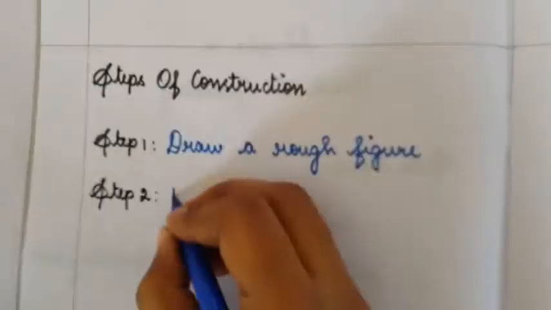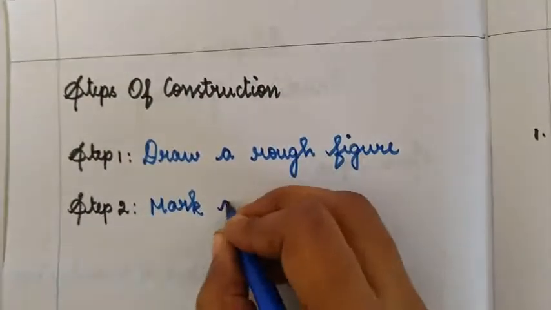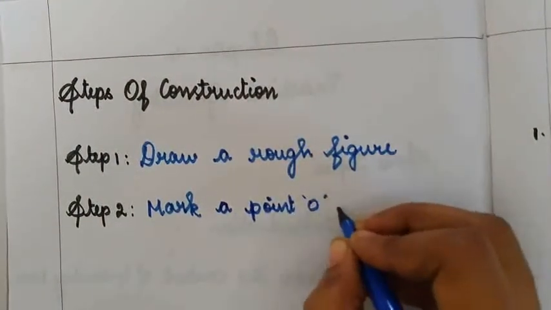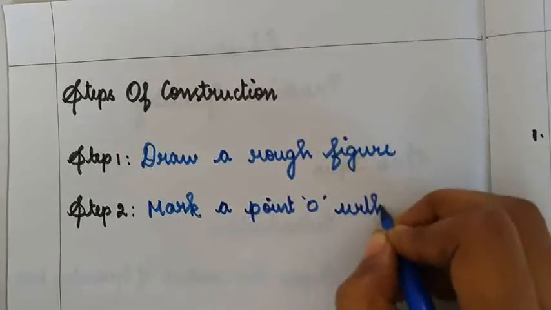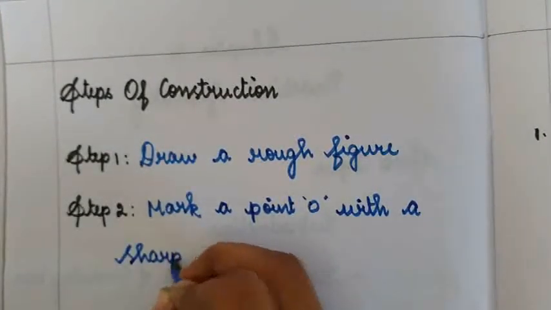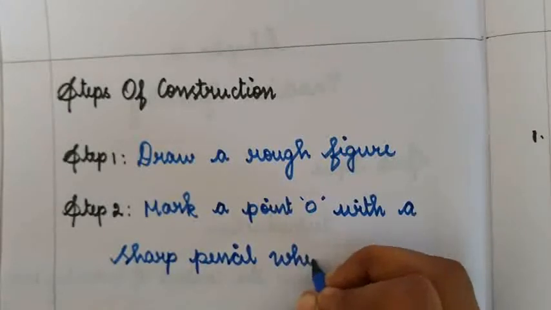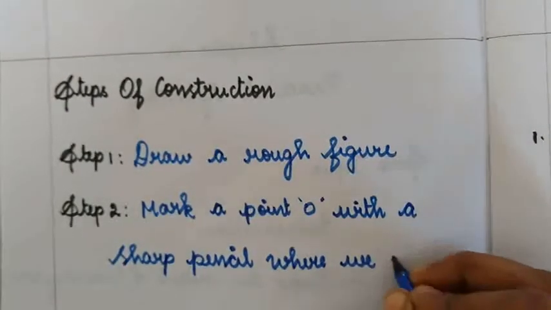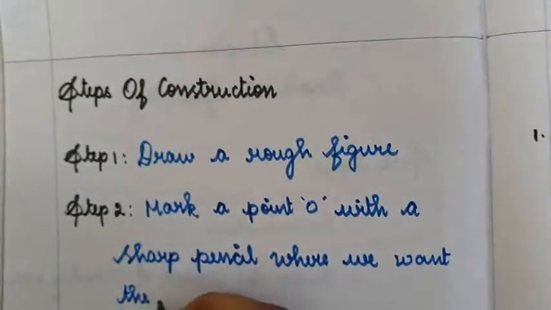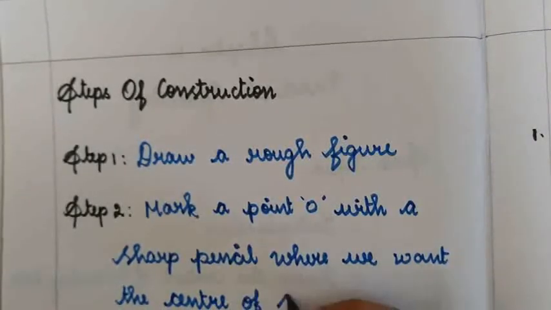First, mark a point O with a sharp pencil, where we want the center of a circle. This is the second point.